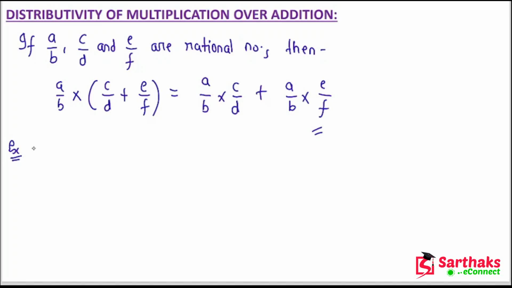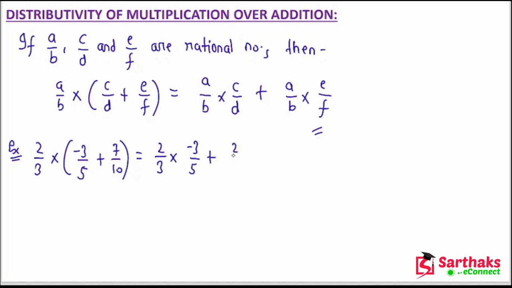Let us multiply 2 upon 3 with minus 3 upon 5 plus 7 upon 10. So firstly, let us use this multiplication method. So we will go like this: 2 by 3 into minus 3 upon 5 plus 2 by 3 into 7 upon 10.